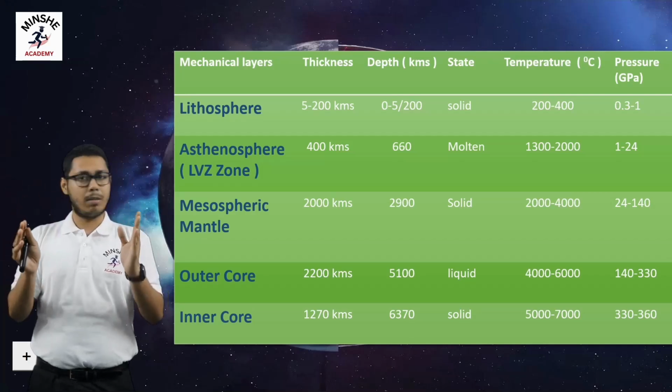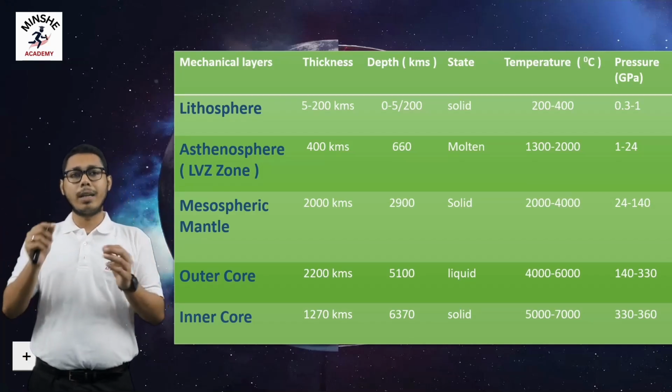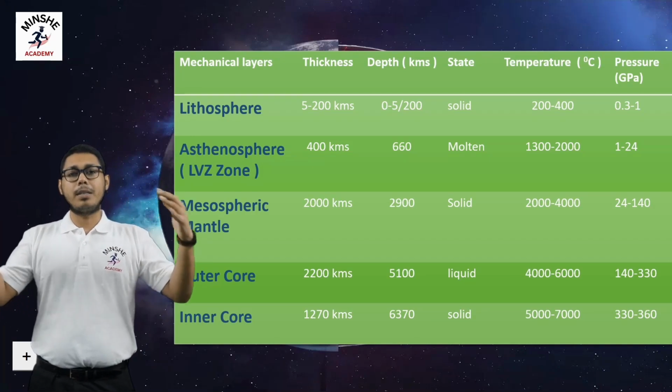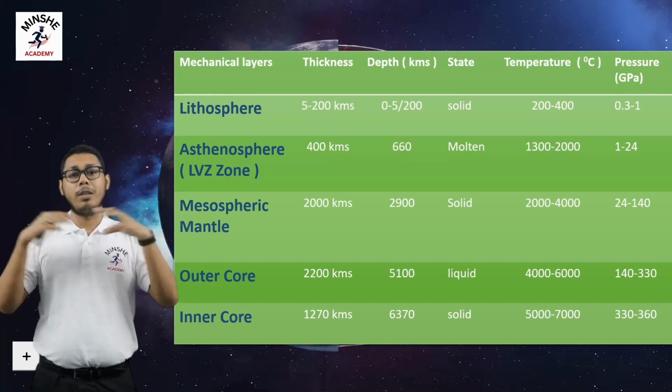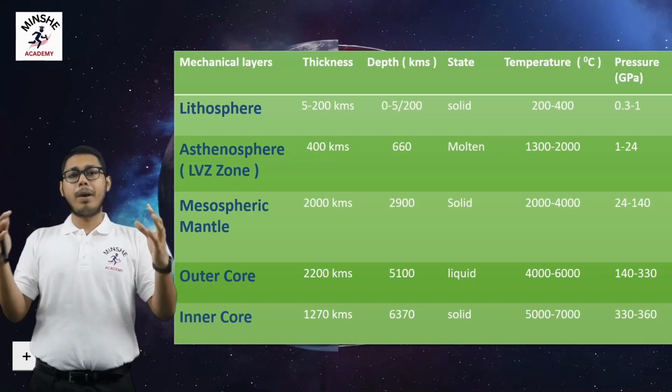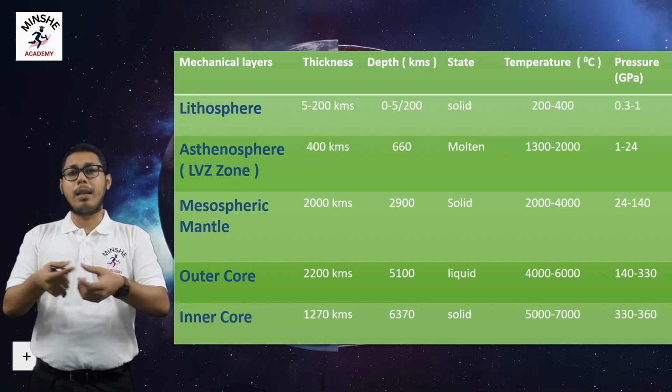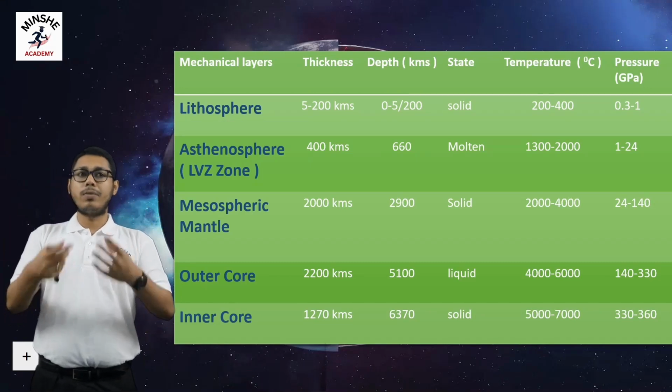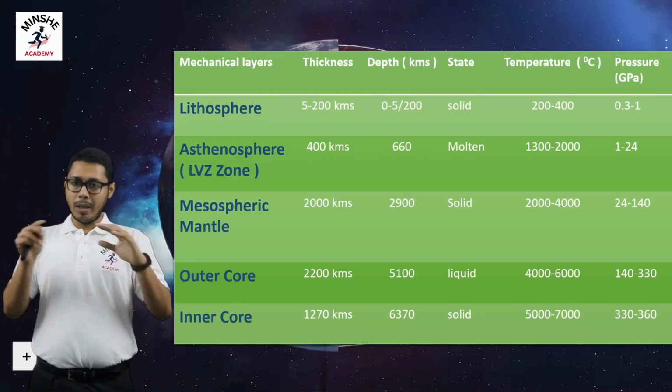Sometimes they come closer, forming the huge supercontinent of Pangaea, and sometimes they go apart, and now we are seeing the Atlantic Ocean increasing, because the asthenosphere is moving.